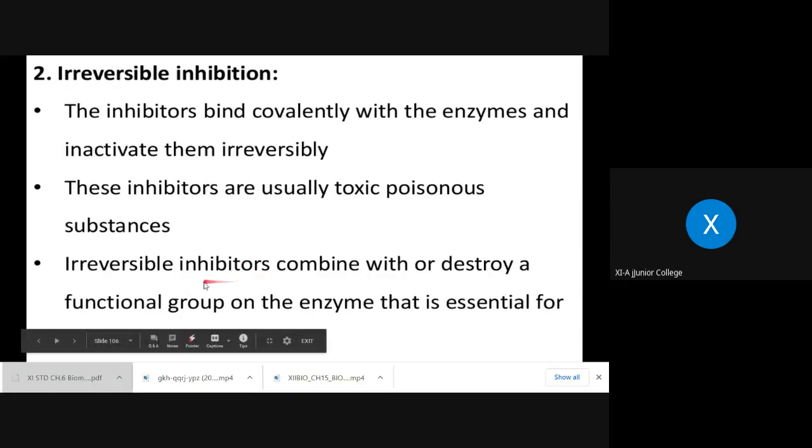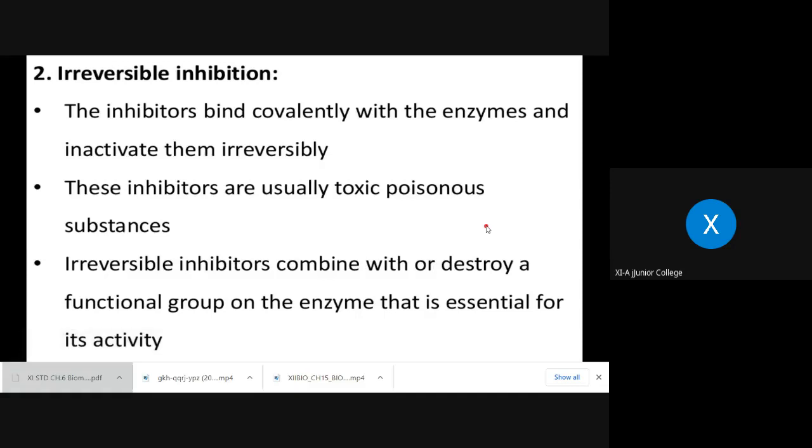These are the irreversible inhibitors which combine with or destroy a functional group on the enzyme that is essential for its activity. Most of them are poisonous substances.